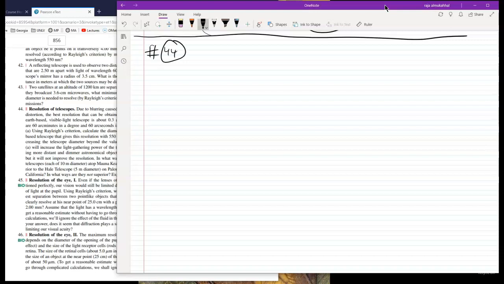So what's given to us here is that theta min is 0.3 arc sec. What's an arc second? Well, okay, if I have an angle of 1 degree, and then I divide it into 60 sub-angles, it has 60 arc minutes. Now, each one of these is 1 arc minute, 1 prime, okay?